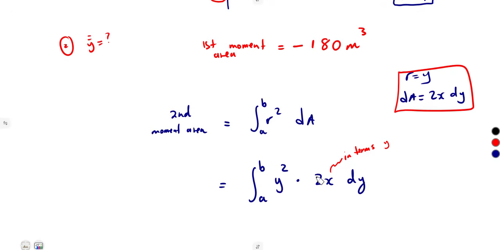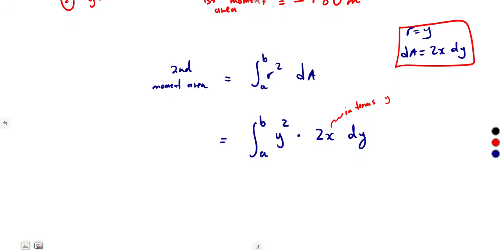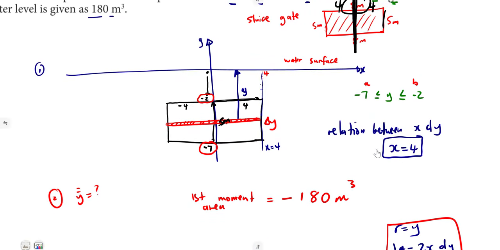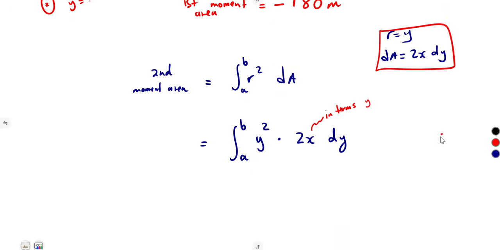Okay, so this is our condition. We can even take out the 2. Remember, we said from our relationship, x is 4. So we can take out that 2 here, out of the integral.